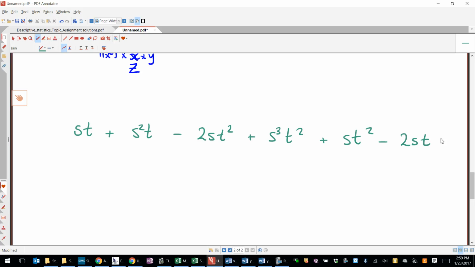Okay, I would like you to simplify it. Now, if you can't, think what would happen if you put a number in for s and t.